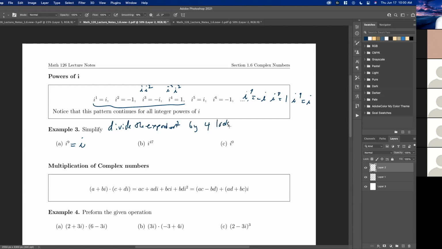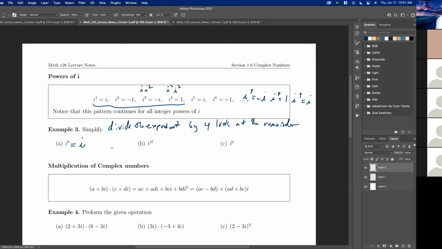Let me explain what I mean. If we have i to the 47th, let's divide the exponent by 4.